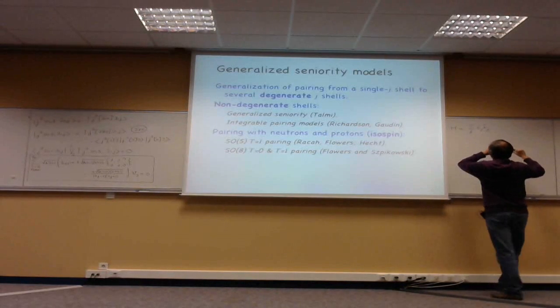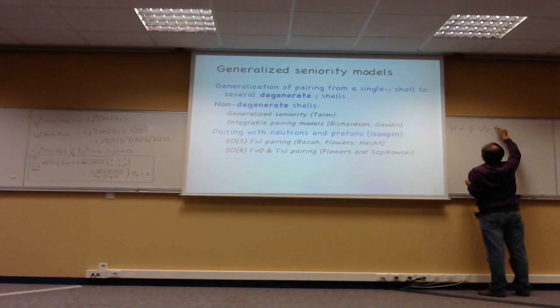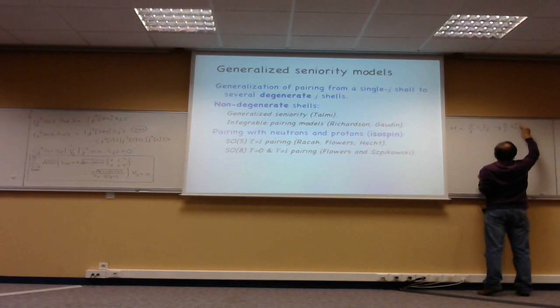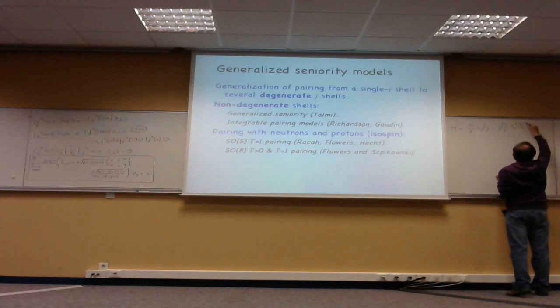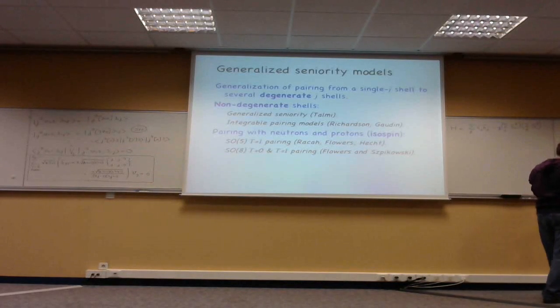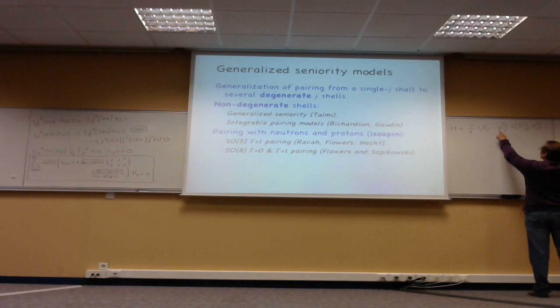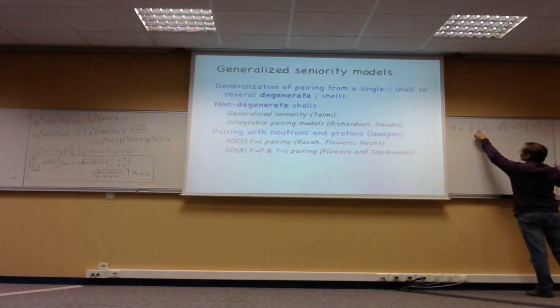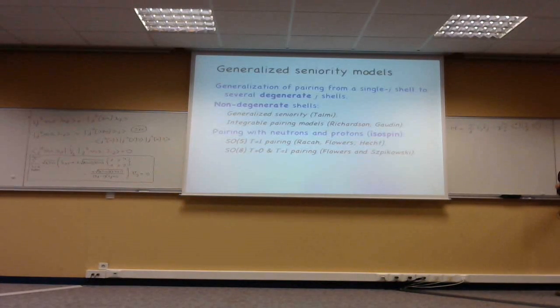Let's say this is a number operator, and then a pairing interaction like this, a pairing interaction with a constant strength, right? So you have several orbits. In principle, they can have different single-particle energies, so this will be epsilon 1, epsilon 2, and so on.